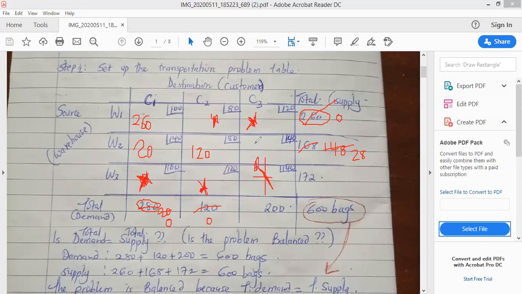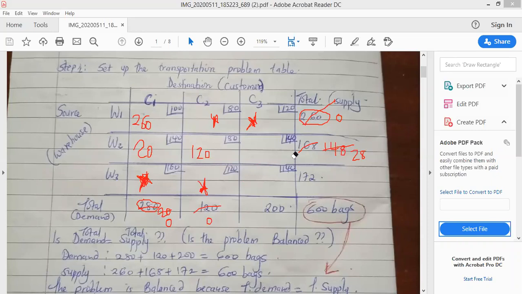So this cell should be receiving the units before the last cell down here. I'm going to assign my units depending on the units which are available, and we have W2 and W3 to comfortably give us some units.